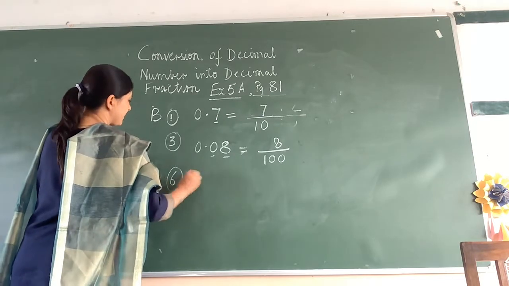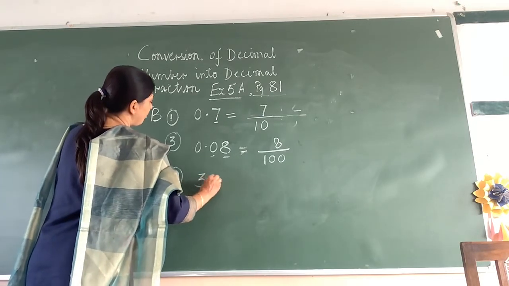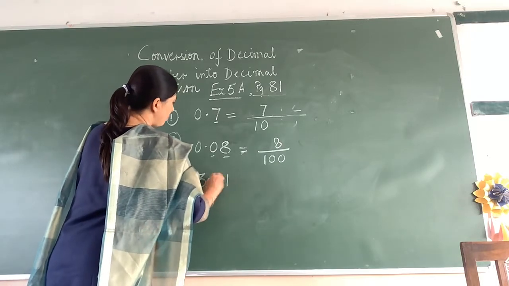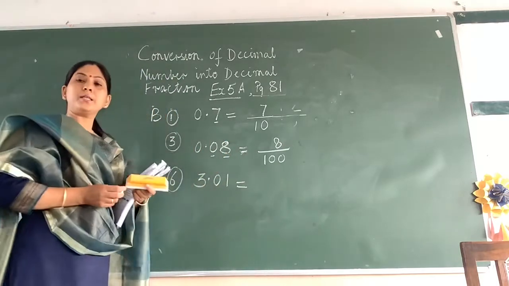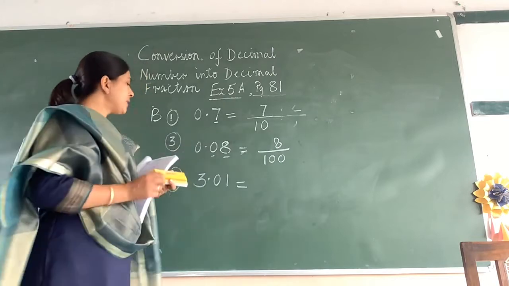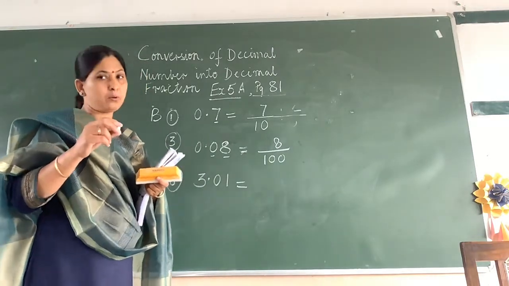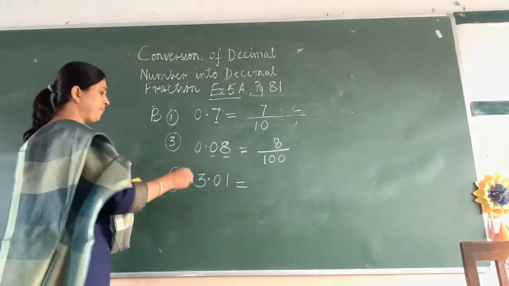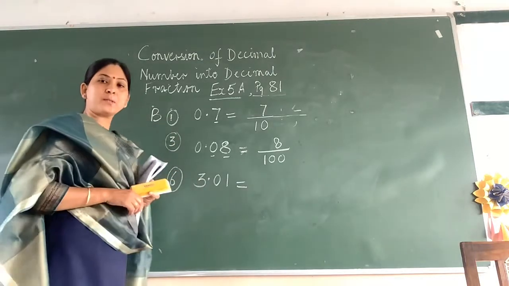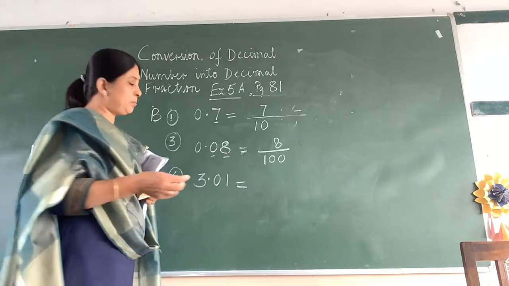Question number 6. 3.01. Let's write this decimal number. Let's change this decimal number into decimal fraction. Now let's ignore this decimal point and write the numerator.